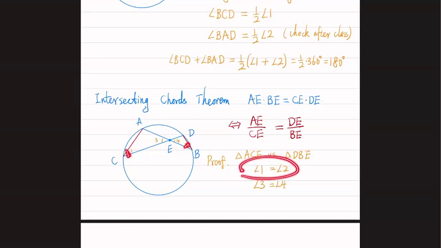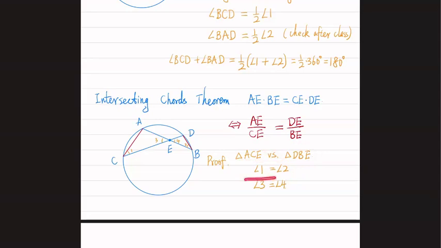Is there a reason for this? Why? If the triangles are similar, then the corresponding angles would be equal, but we wanted to prove that they are similar, and we don't know yet.